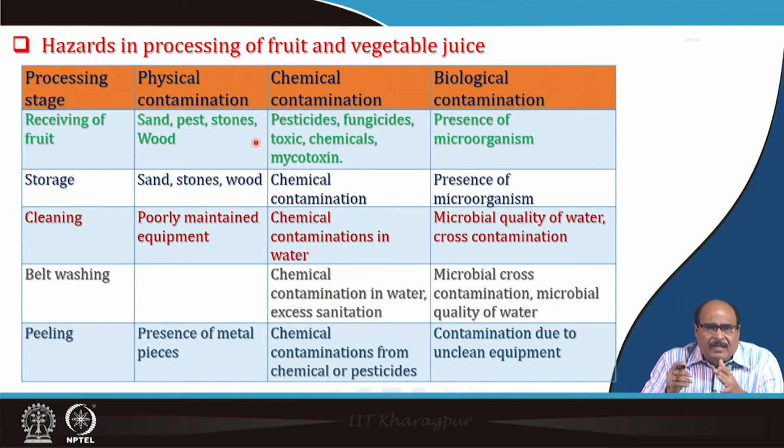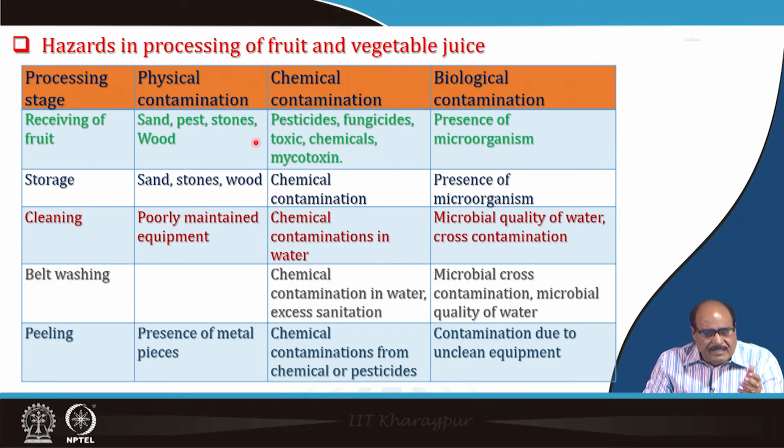For example, in peeling, there may be metal pieces from peeling knives, especially old knives. Chemical contamination may come from chemicals or pesticides in the washing, or contamination due to unclean equipment and utensils may be biological contamination.